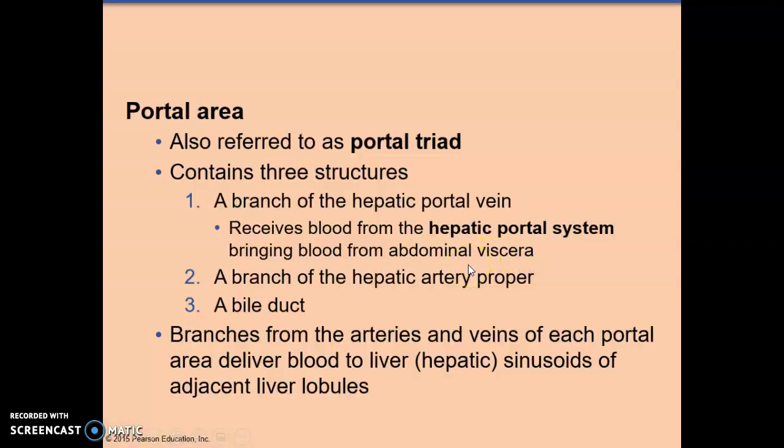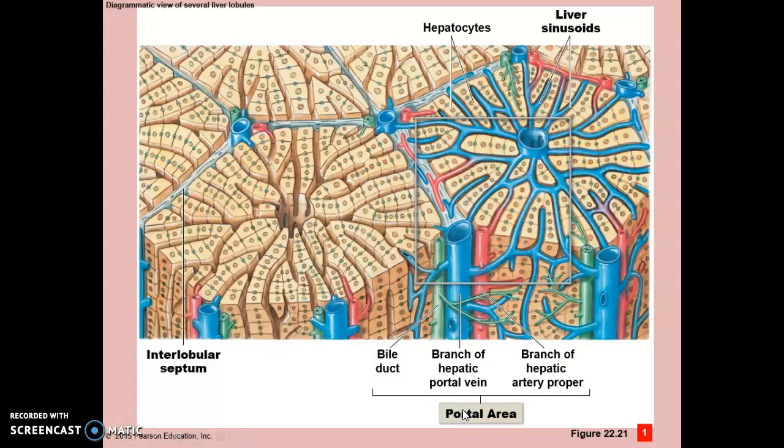The portal area is also referred to as the portal triad. It contains 3 structures: a branch of the hepatic portal vein, and we know that hepatic portal system is bringing in the nutrient-rich blood from the abdominal viscera, a branch of the hepatic artery proper, and the bile duct. Branches from the arteries and veins of each portal area deliver blood to the liver or hepatic sinusoids of adjacent liver lobules.